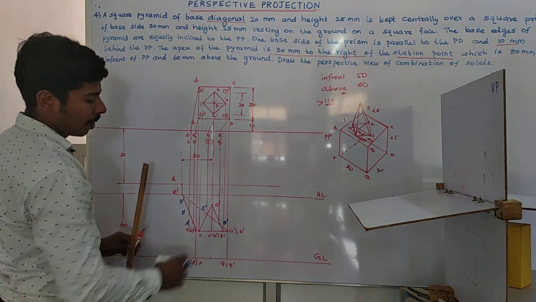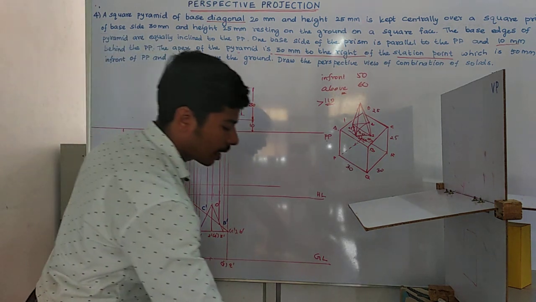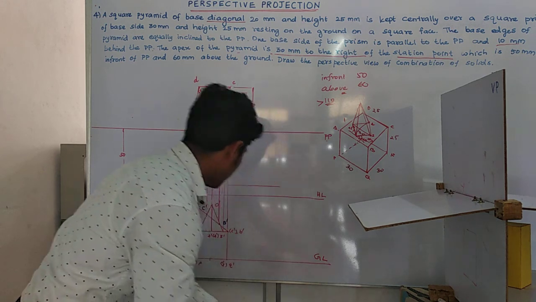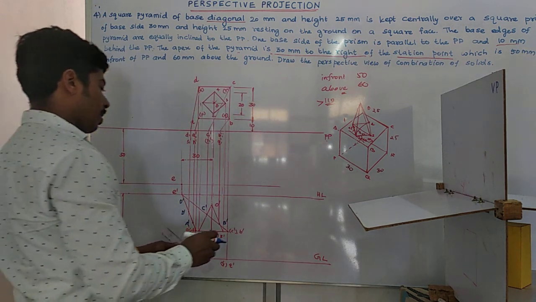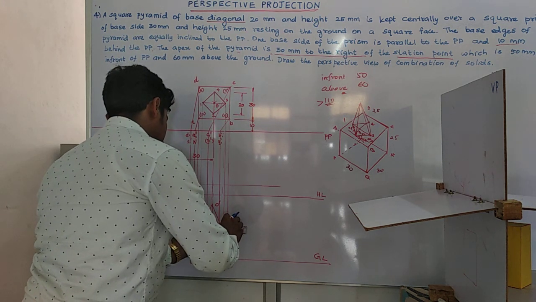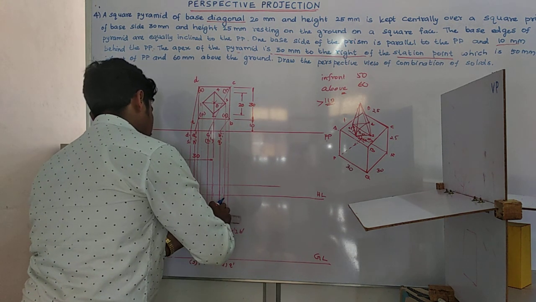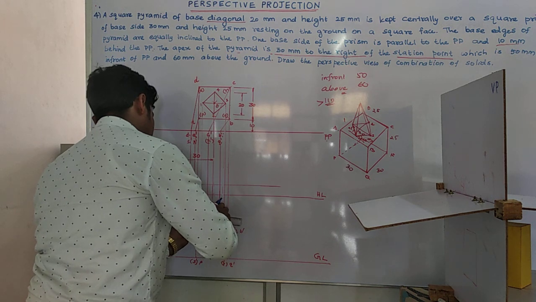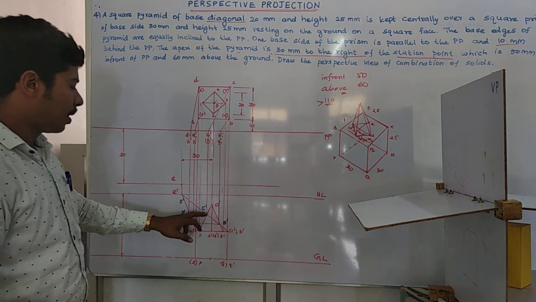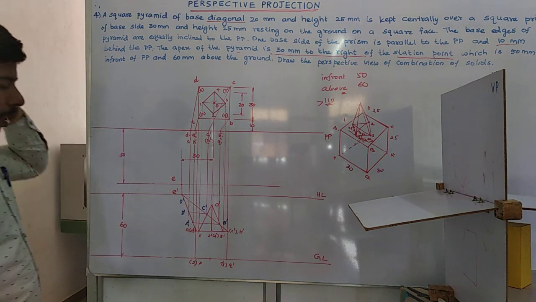Now we can connect them: AB, BC and CD. No need to darken it yet. Next are our bottom points.